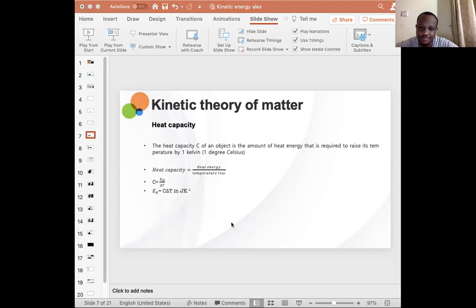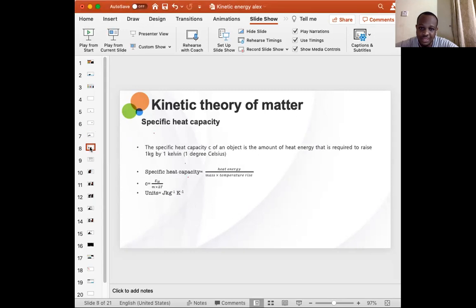Now, specific heat capacity is slightly different, because now we're considering a sample of that particular object. So heat capacity is for the object in general, while specific heat capacity is really looking at a sample of that particular object.